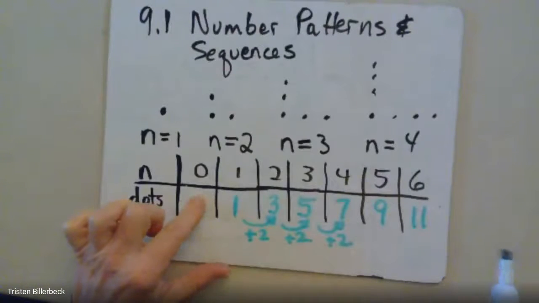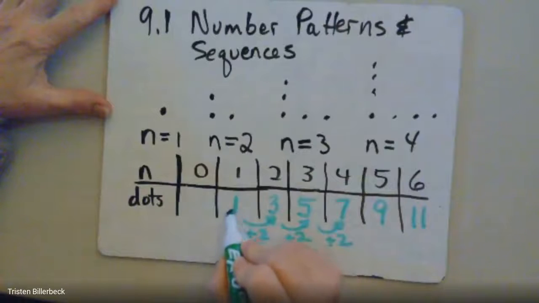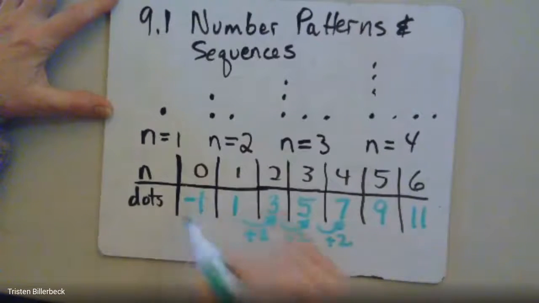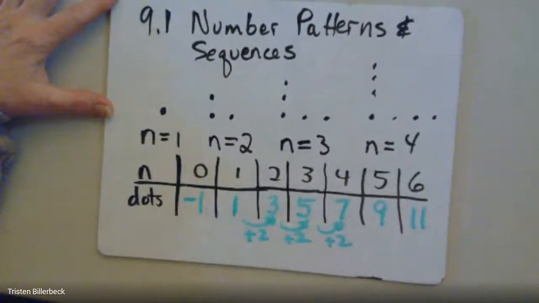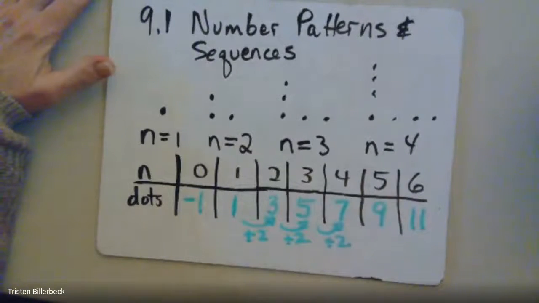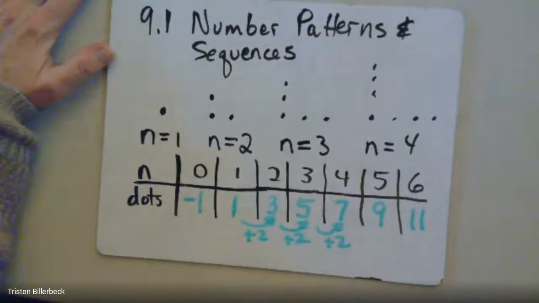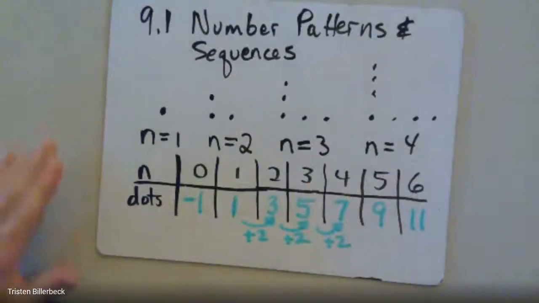Figure 0. So if we subtract 2 from that, we'd find that we had -1 dots. And now that might seem kind of strange why we might want to find out what figure 0 had, but it's a very important thing to answer a few questions. So let's look at those questions.